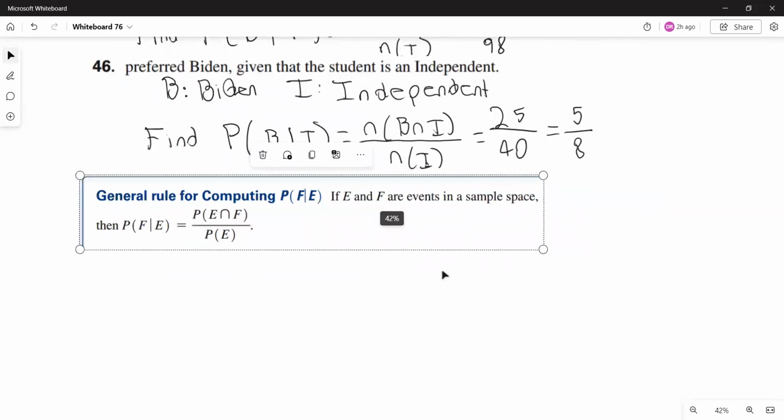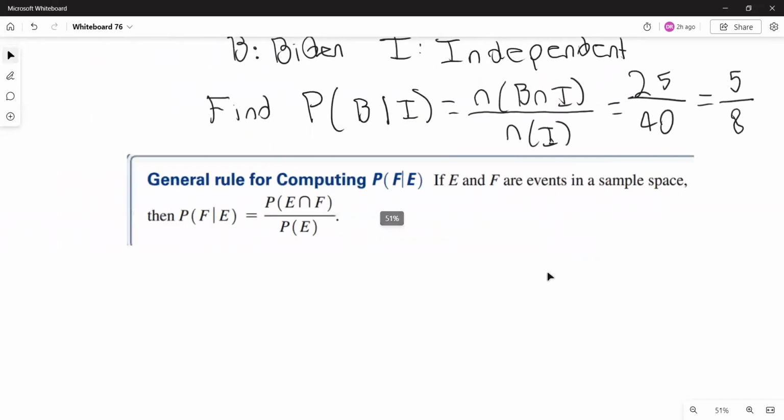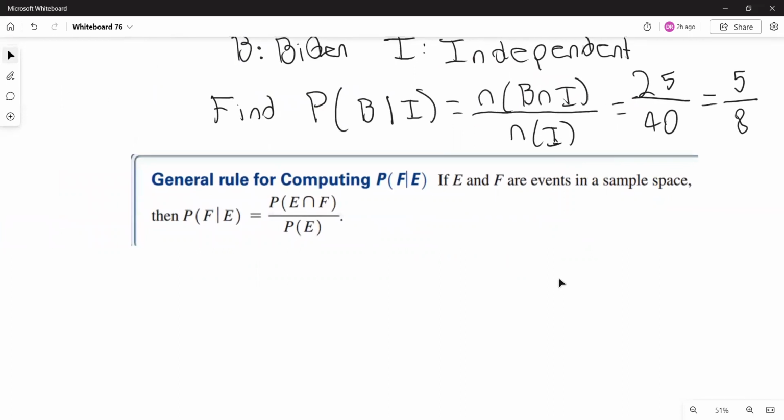So if E and F are events in a sample space, then the probability of F given E is the probability of E and F over the probability of E. And this formula has a consequence.